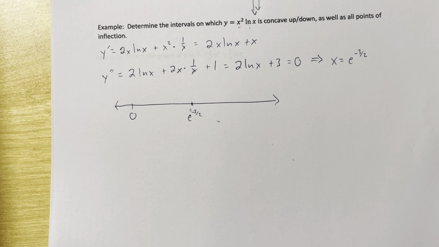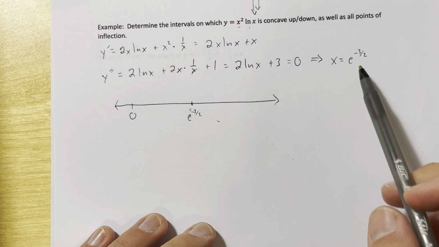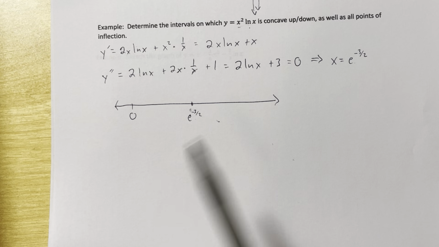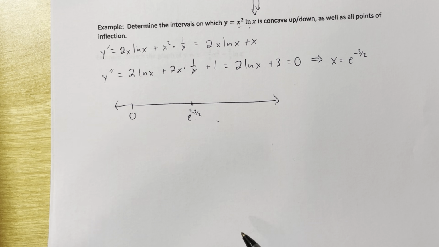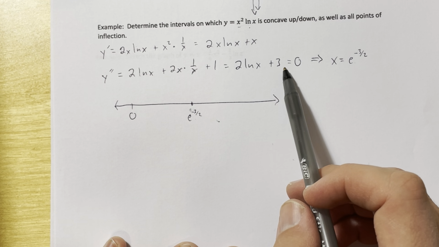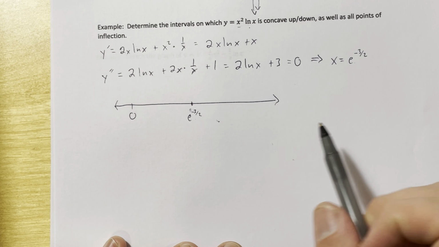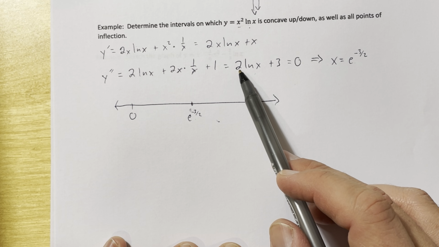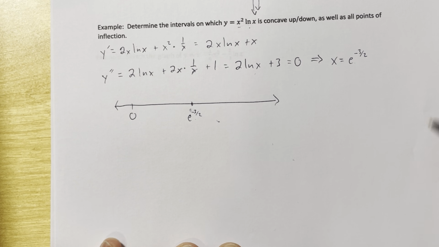Now, you can do the test point thing here if you want. You can plug this into a calculator. You get something that's approximately, I think, 0.22-ish, and then plug in test points using that decimal approximation. Another thing you could do is take a look at your second derivative here. This function, 2 natural log of x plus 3, is just the natural log function with a vertical stretch and a vertical shift.